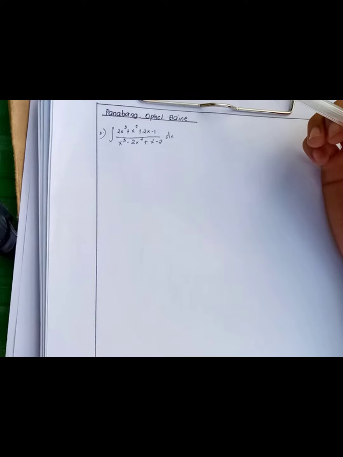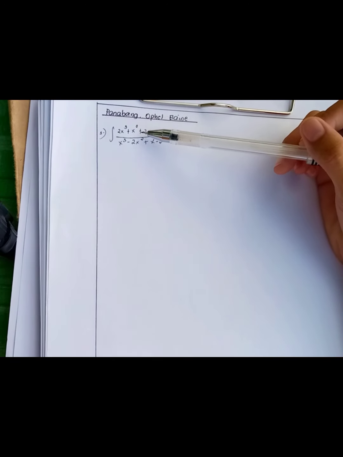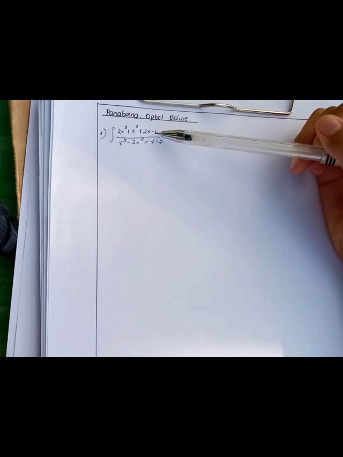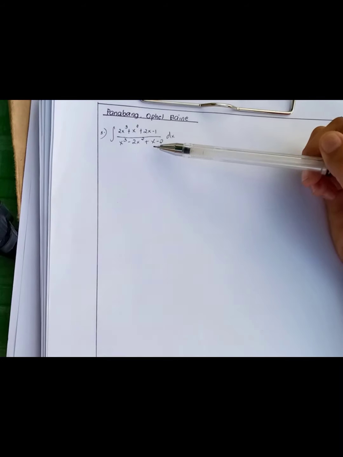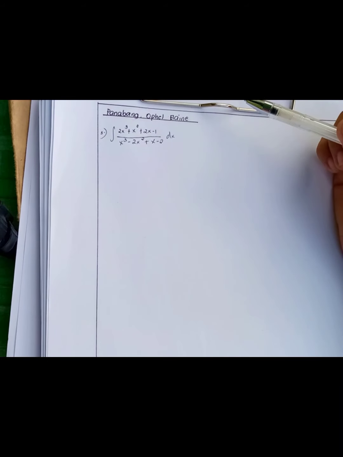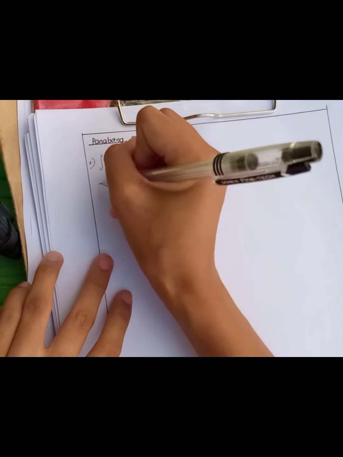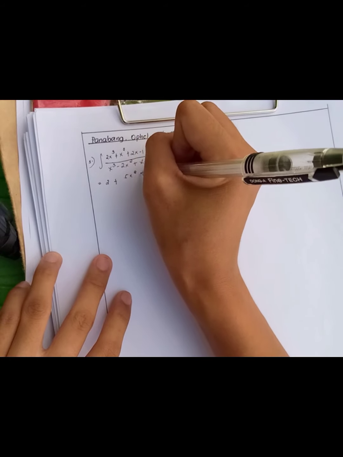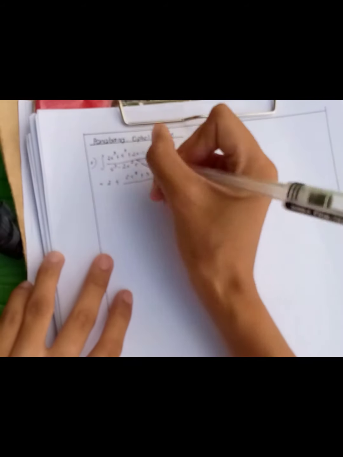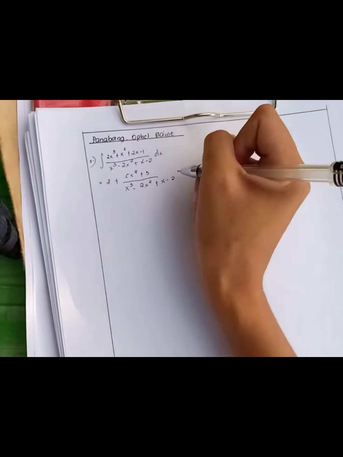So, number 3, let's evaluate the integral of 2x cubed plus x squared plus 2x minus 1 over x cubed minus 2x squared plus x minus 2 dx. So, first, we take the partial fraction. So, magiging 2 plus 5x squared plus 3 over x cubed minus 2x squared plus x minus 2.